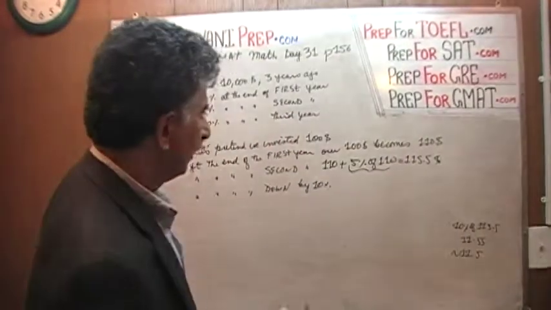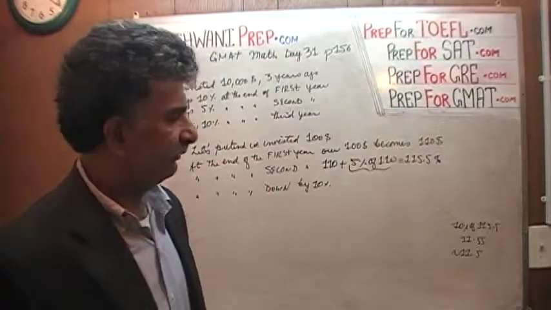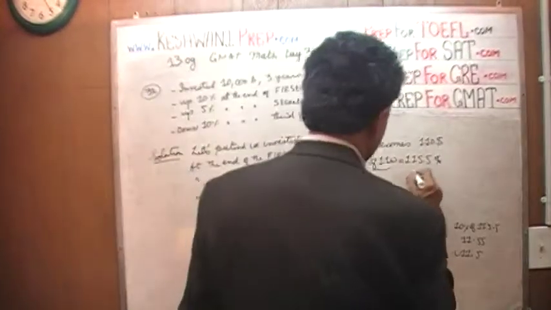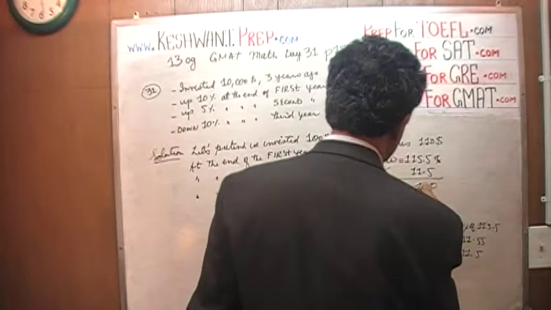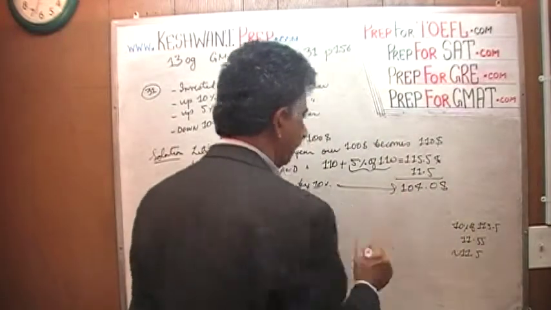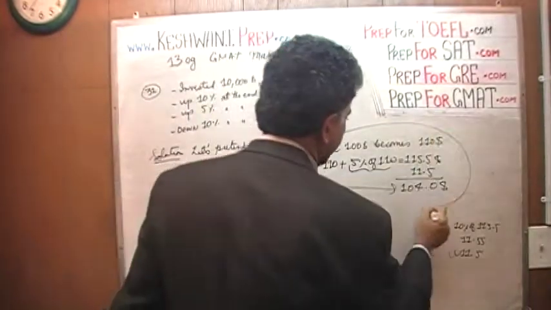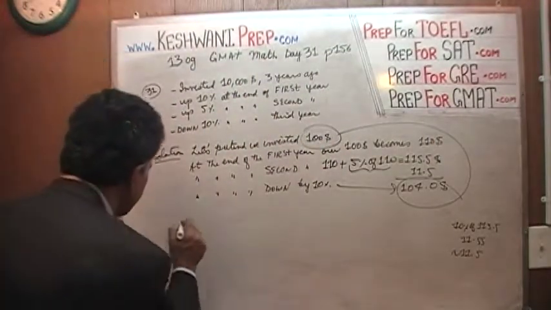So 10% of 115.5 is 11.55 or 11.5 if you like. So we subtract 11.5 from it. That's it. So we started out with $100. We ended up with $104.